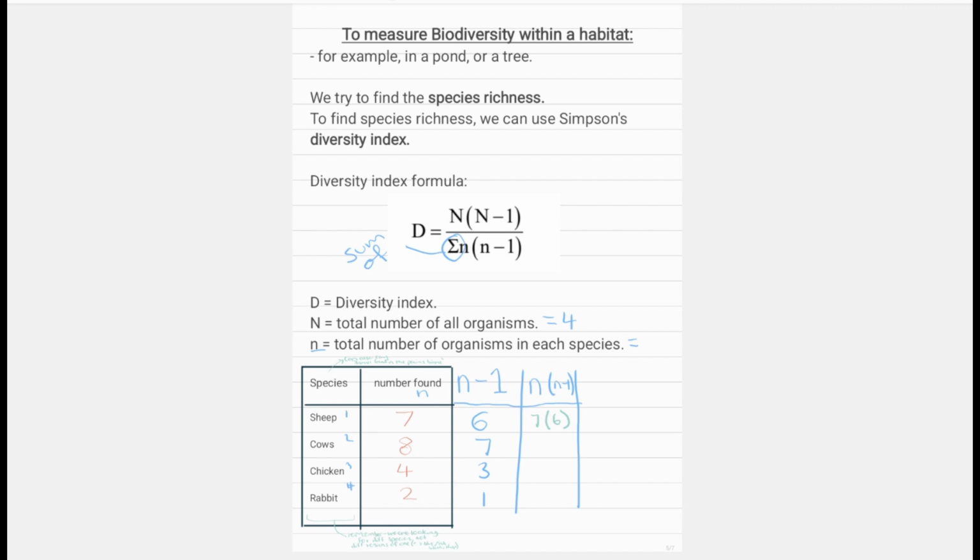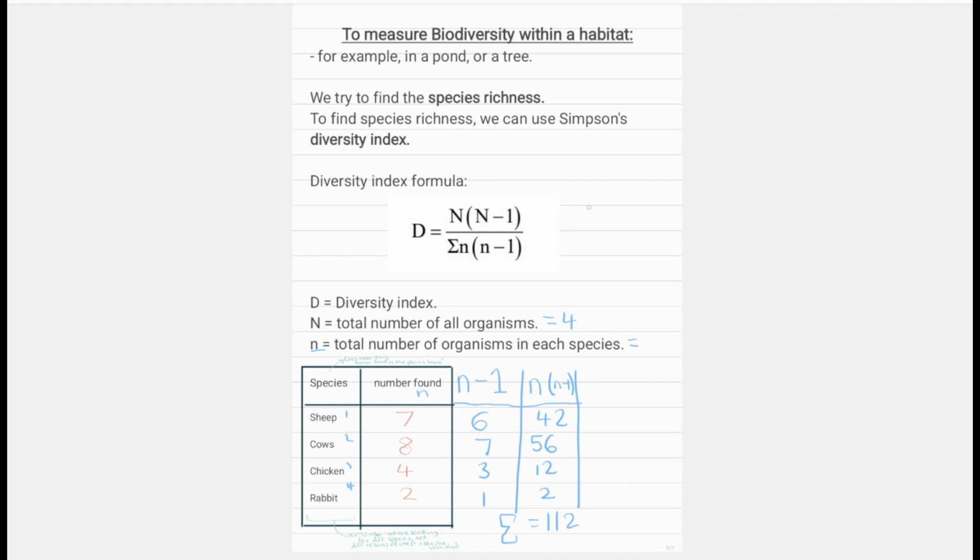So that's going to be 7 times 6, 42. 8 times 7, 56. 4 times 3, 12. 2 times 1, 2. Now, as we have got all of lowercase n(n minus 1), we can find the sum of this and get our whole value for our denominator. If we add all of these values together, we get 112.